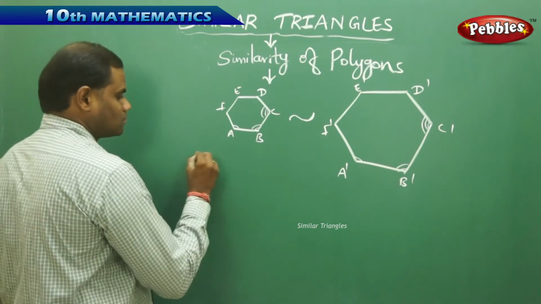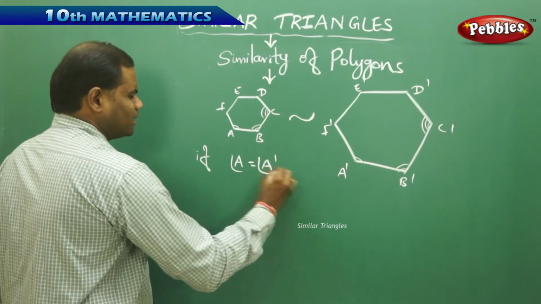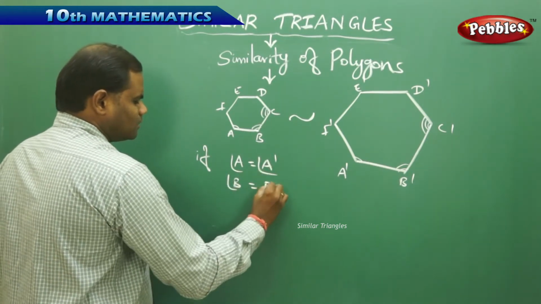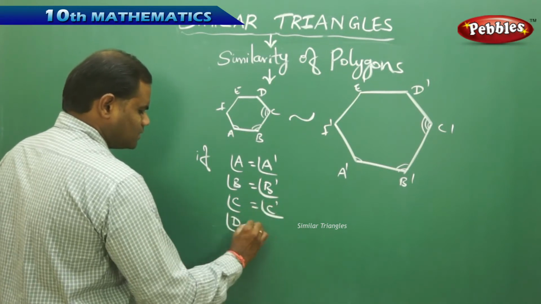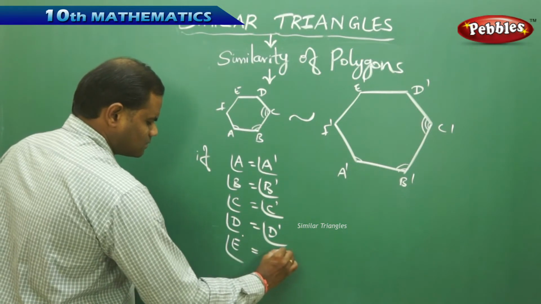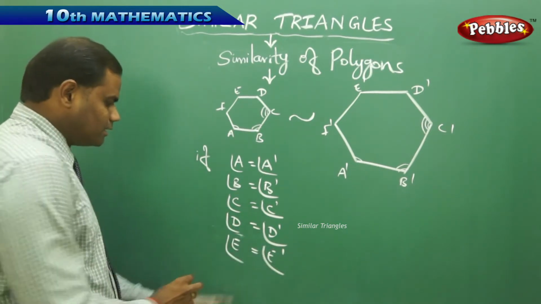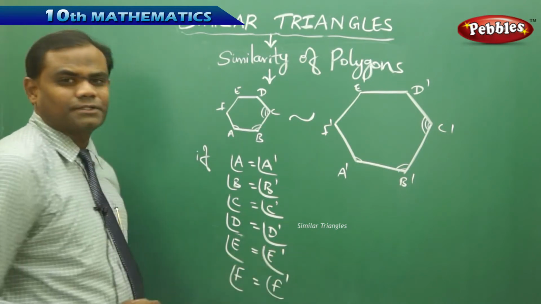Therefore, for these to be similar, angle A is equal to angle A dash, B equals B dash, C equals C dash, D equals D dash, E equals E dash, and finally F equals F dash.